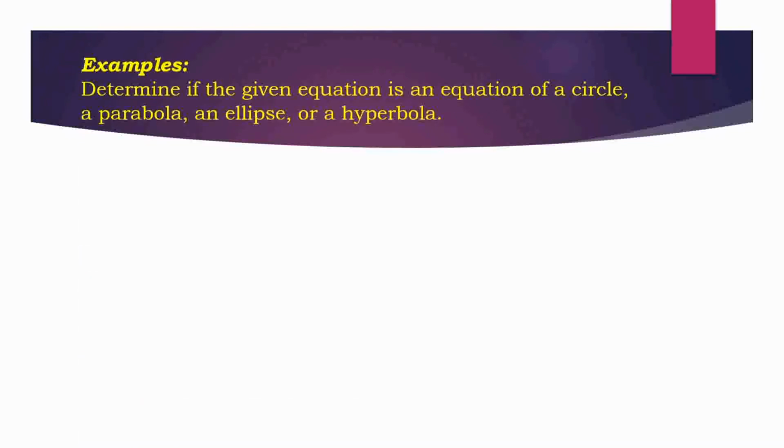More examples tayo. Determine if the given equation is an equation of a circle, a parabola, an ellipse, or a hyperbola. First equation, x squared plus y squared minus 9 is equal to 0. So, mapansin dito na yung x and y are both squared and pareho sila ng coefficient, parehong 1. So, ibig sabihin, isa siyang circle.